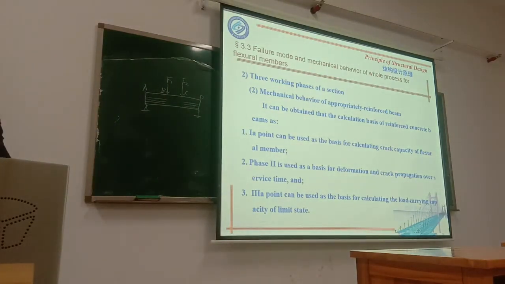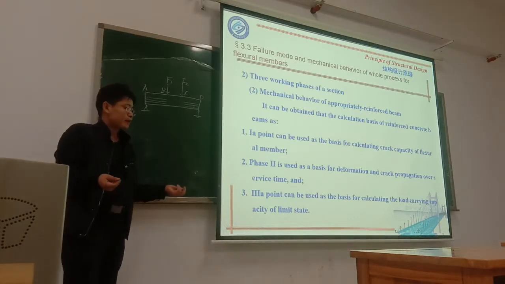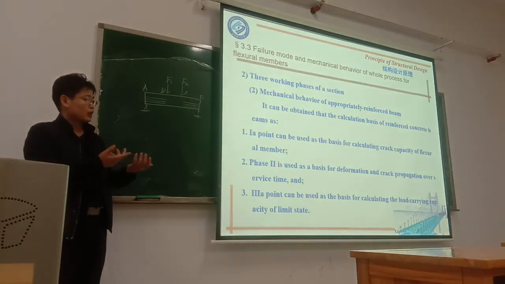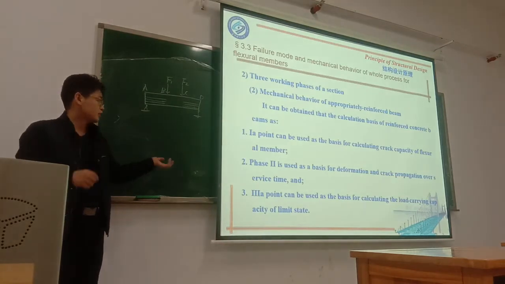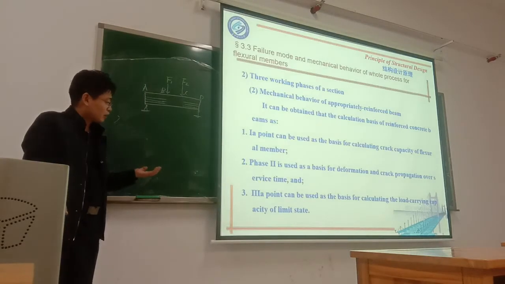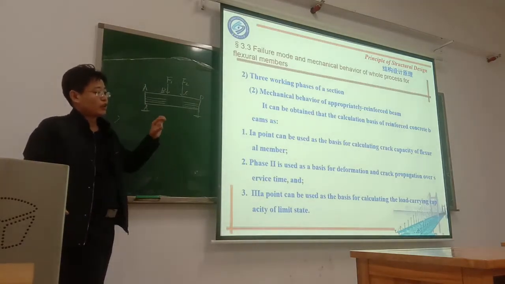So phase 2 is used as a base for deformation and crack propagation over service time. So for this phase 2 you can check if the crack or deformation is too large, because for the service time we can allow the beam working with the crack and with some deformation, but it cannot be too large.